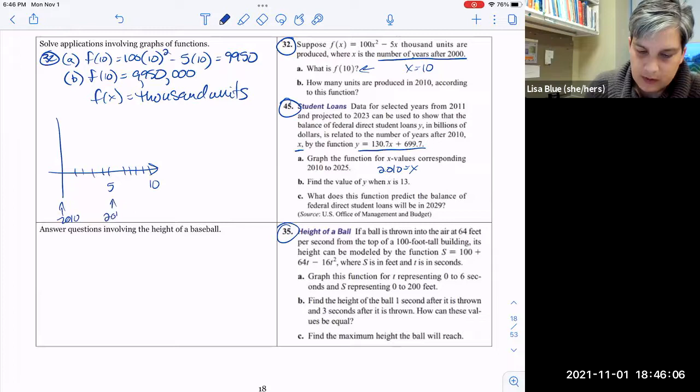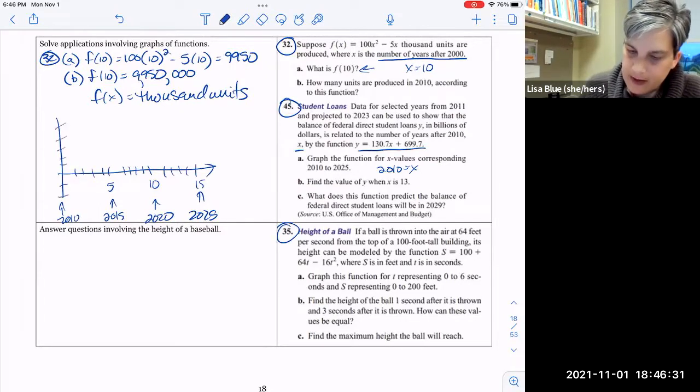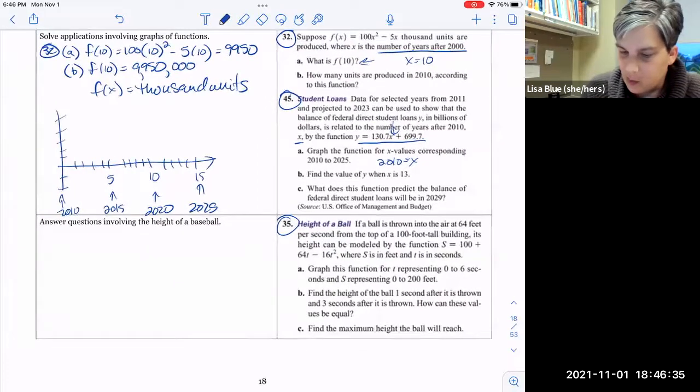This would correspond to 2015. This would correspond to 2020. And we'd have to go out just a little bit further to get to 1, 2, 3, 4, 5. There we go, 2025. All right, so we would graph that by plugging in our x values. And once we plugged in the x values, that would kick out a certain value for y, and we would plot that.